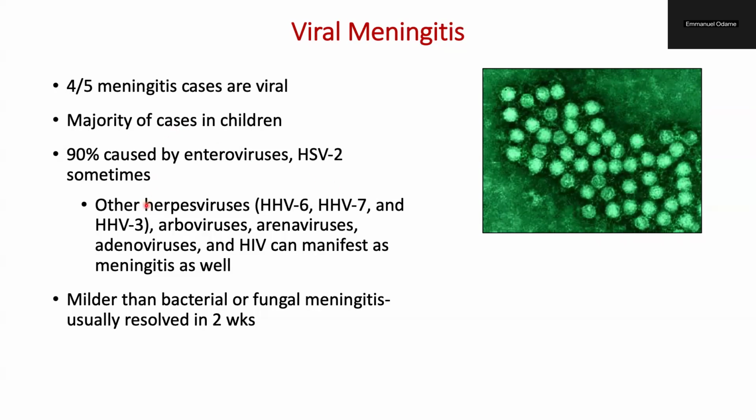About 90% is caused by enteroviruses, and sometimes HSV. We also have other herpes viruses, such as HHV6, HHV7, and HHV3, and the list goes on. And finally, we have our big brother HIV that can manifest as meningitis as well.